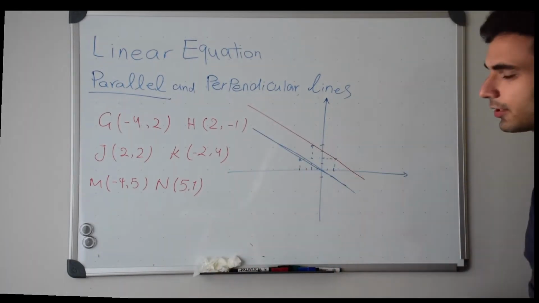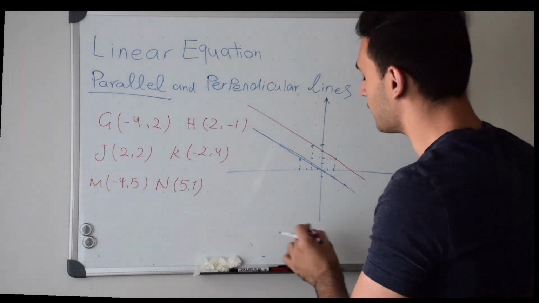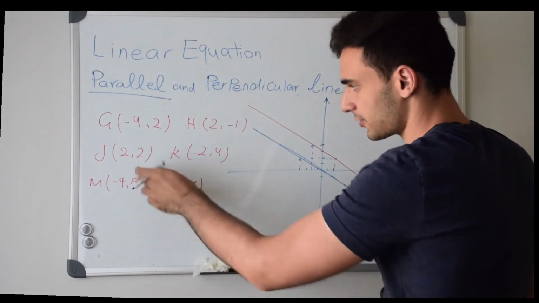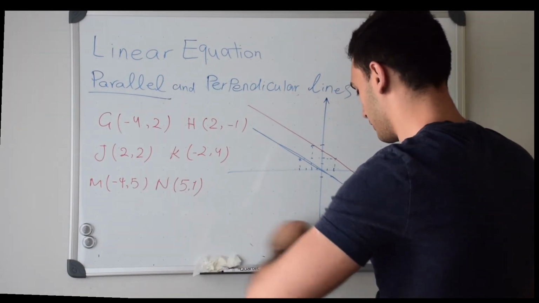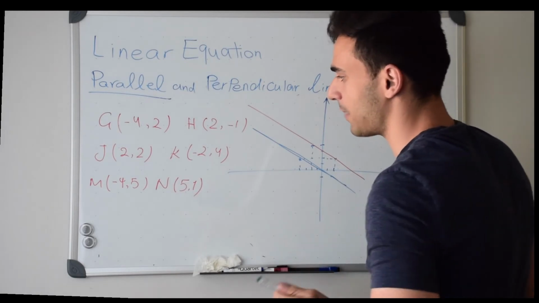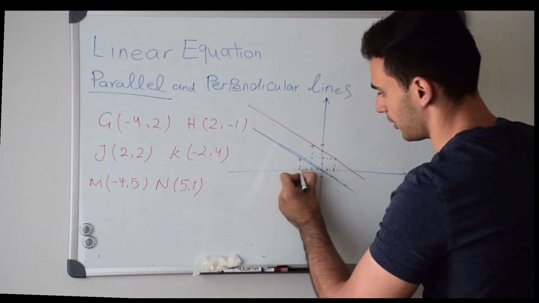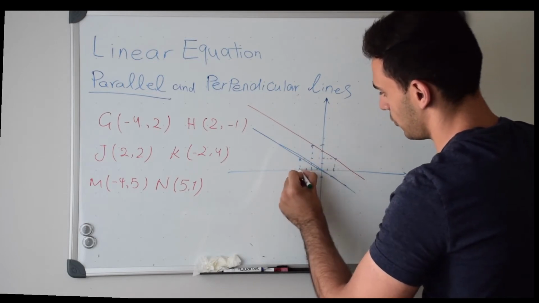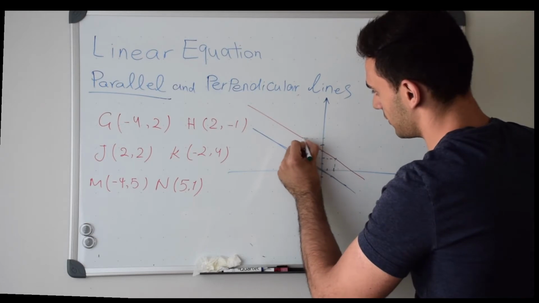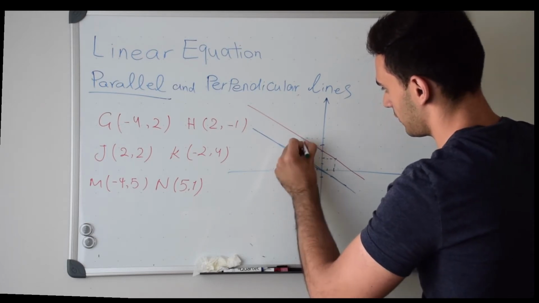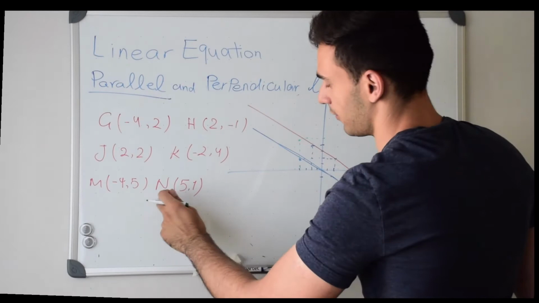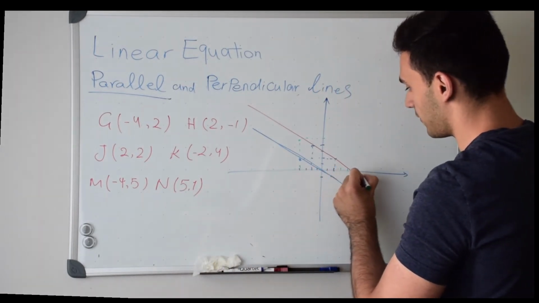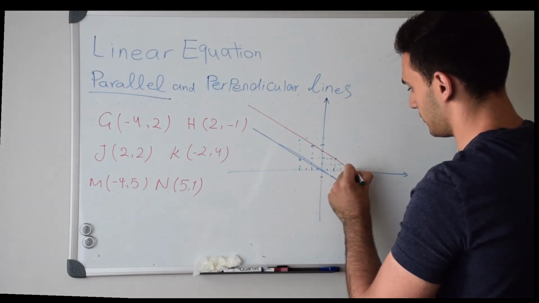As we can see, these two are parallel, but how can we make sure they're parallel? We're going to use our formula. First, let's also draw the other line, MN, which passes through (-4, 5), 1, 2, 3, 4, 5, which is this point here, and (5, 1), at this point.